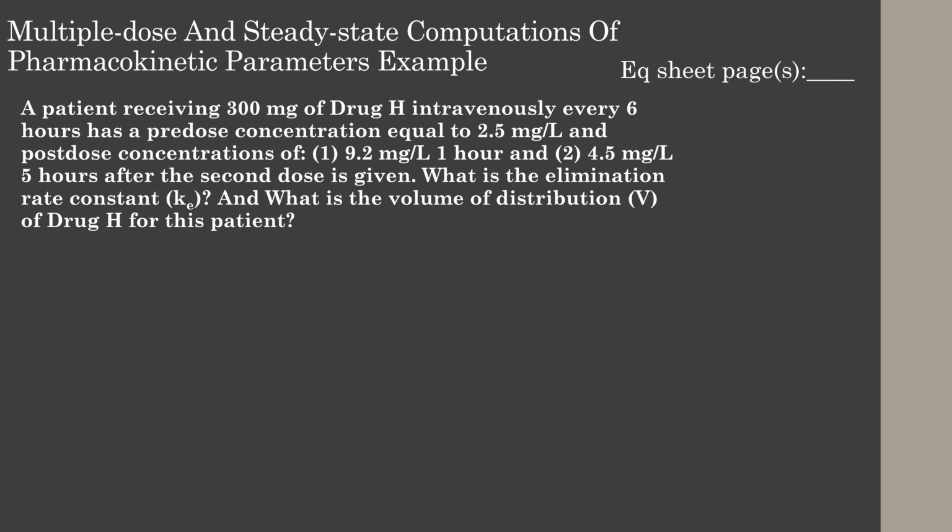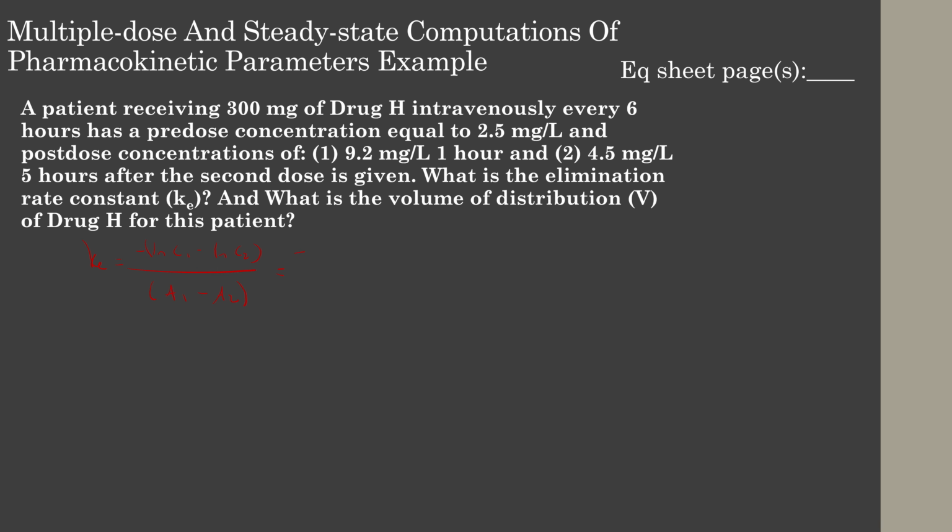So how do you do that? Well, we got to use that KE equation that we've done earlier in this lecture. And that looks like this. Remember the negative ln of C1 minus ln of C2 over T1 minus T2. And let's use the two post-dose concentrations because that's what you should stick with. It has to happen after a dose. All right.